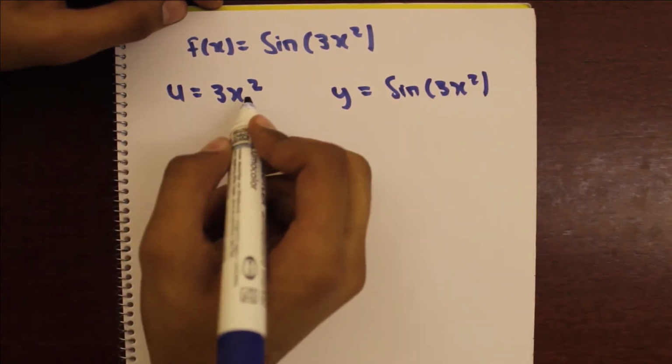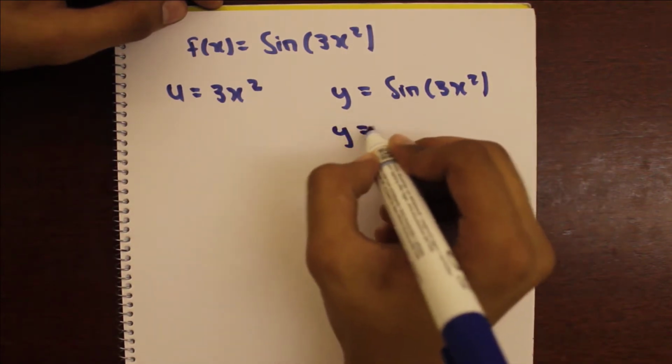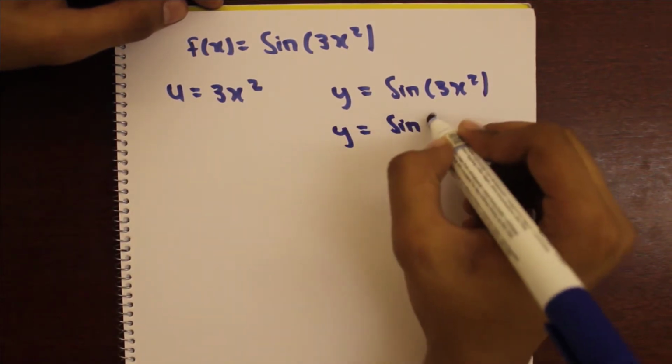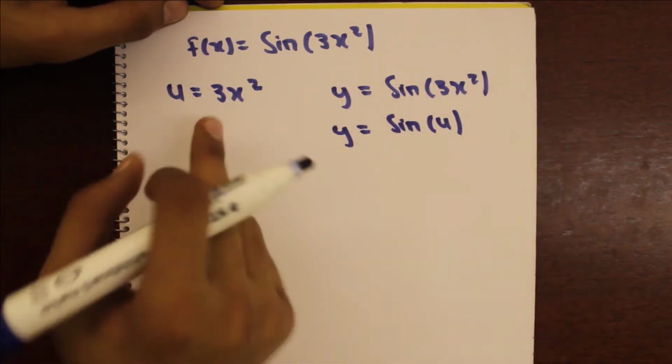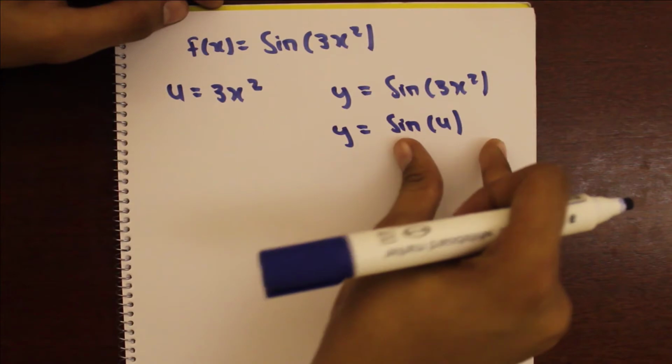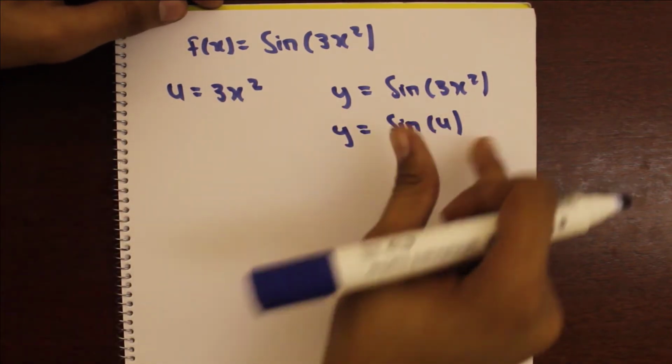So if u is 3x squared, we can safely say that y is equal to sine u. All I've done is substitute u into this equation.